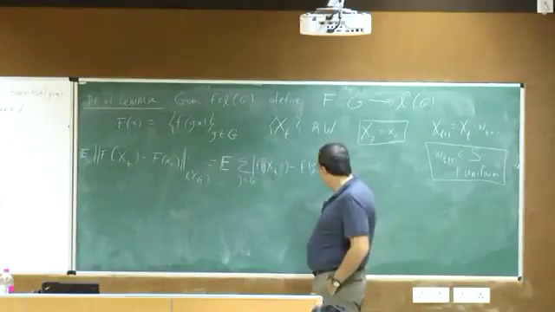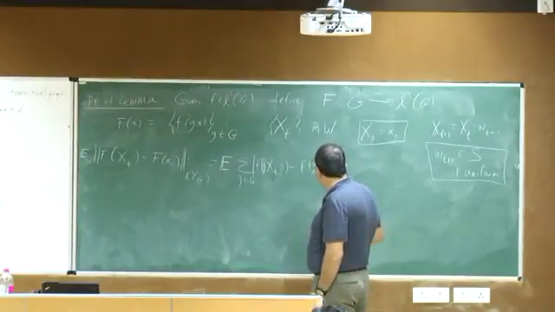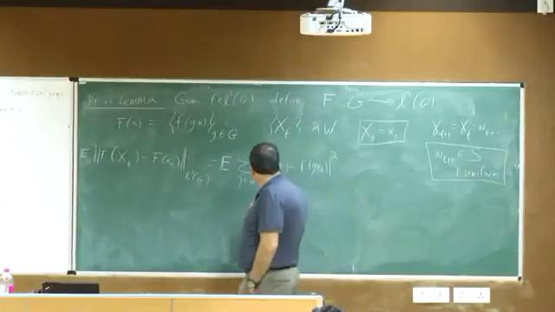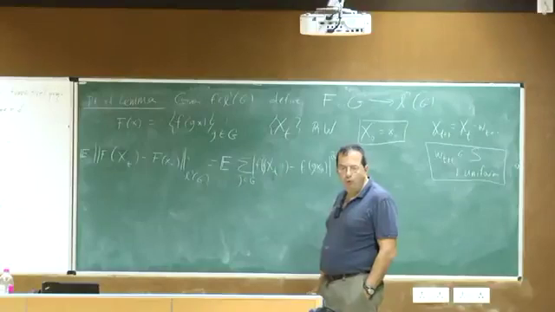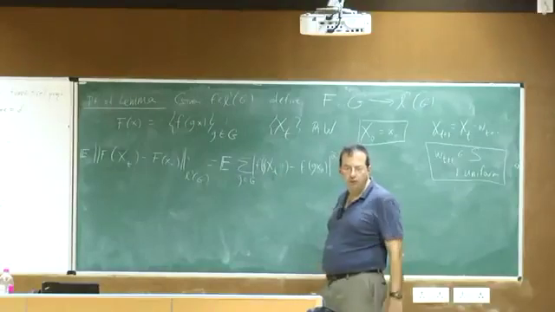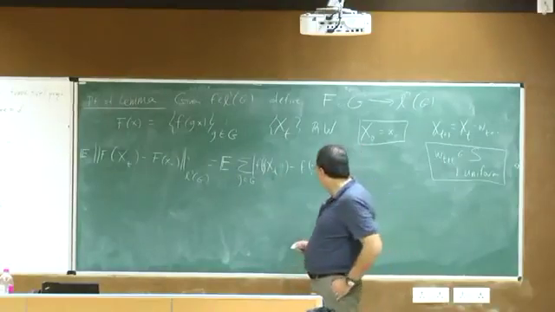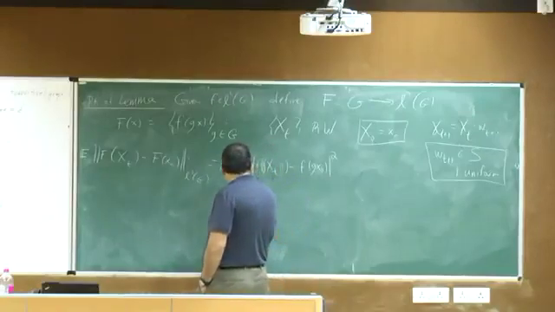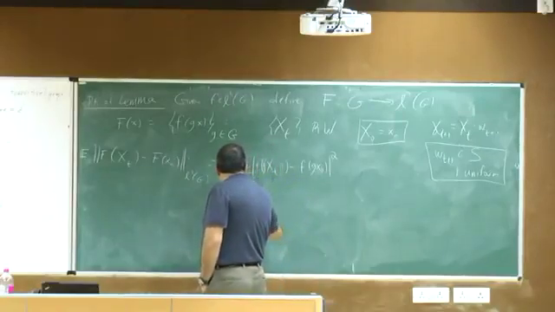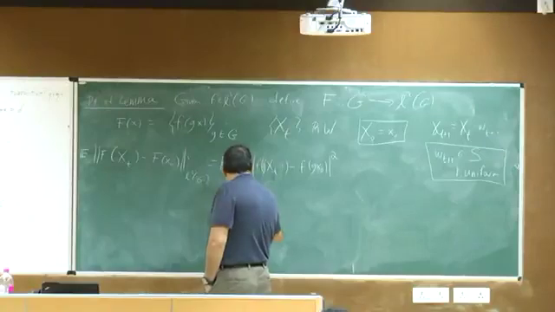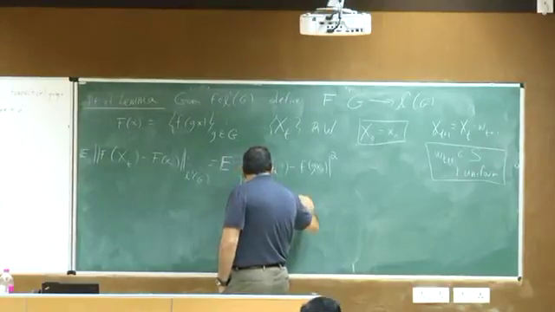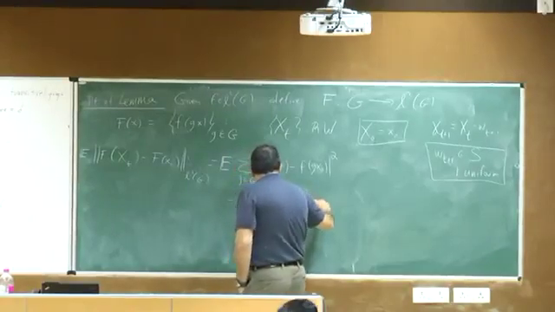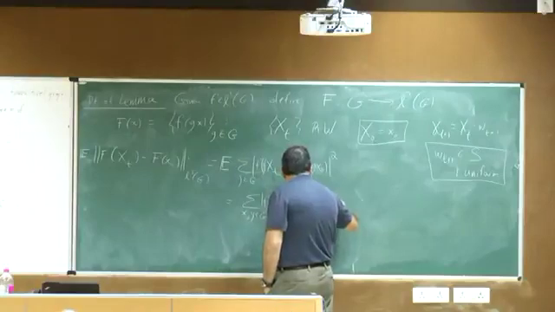Now g Xt is the same as the result of the random walk after t steps starting from g. So I can write this in the following form. It's the sum over x, y in G of f of y minus f of x, squared, p to the t of xy.